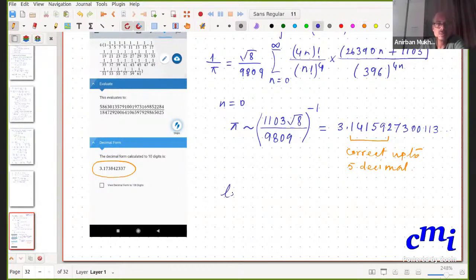Let's call x equal to 3.14159. It's not exactly pi, but it's an approximation up to 5 decimal places.